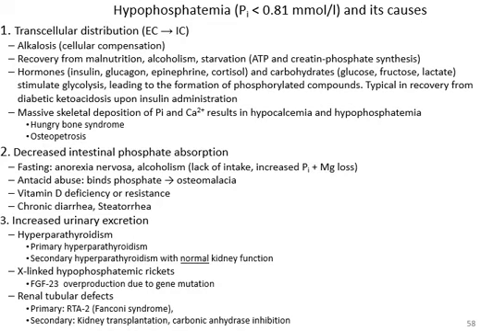Decreased phosphate absorption can be demonstrated in fasting or vitamin D deficiency, so in malnutrition, or increased complexation like antacid abuse or some forms of diarrhea.